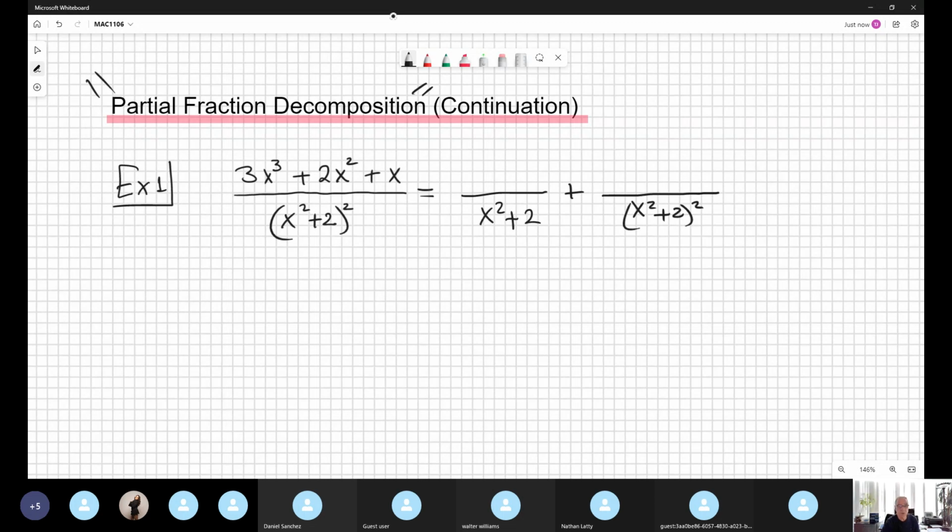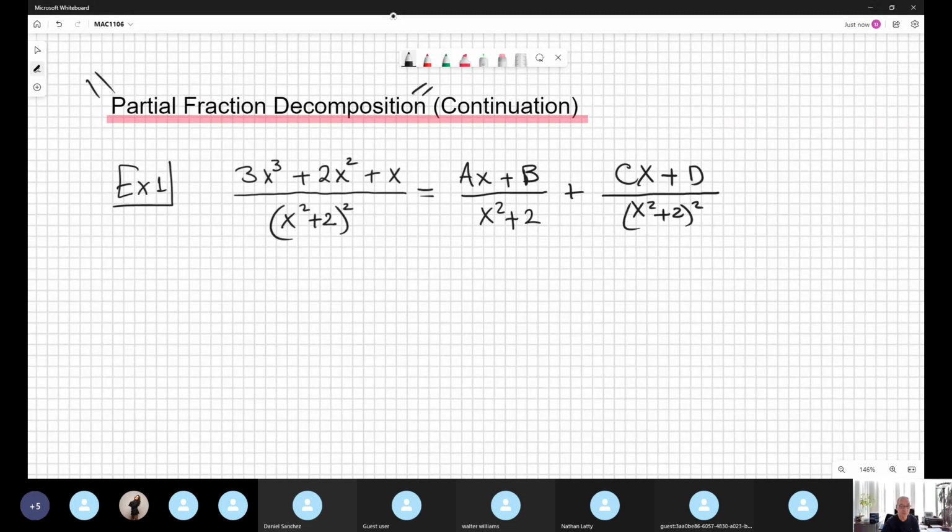Because the exponent is 2, you put 2 and 1. And in the denominator in both cases, we have quadratic. Therefore, in the top, we have linear, ax plus b, and cx plus d. Okay, our goal is to find a, b, c, and d coefficients.